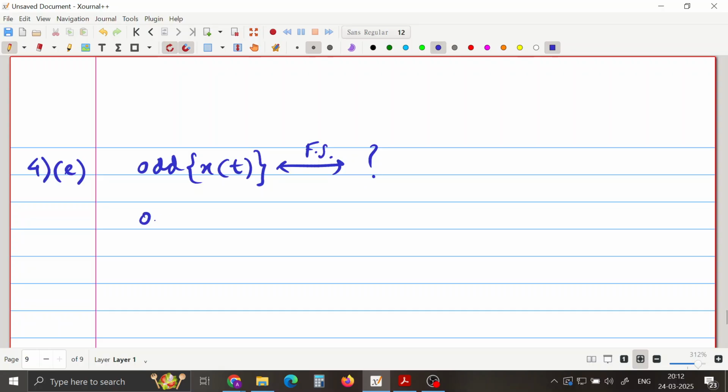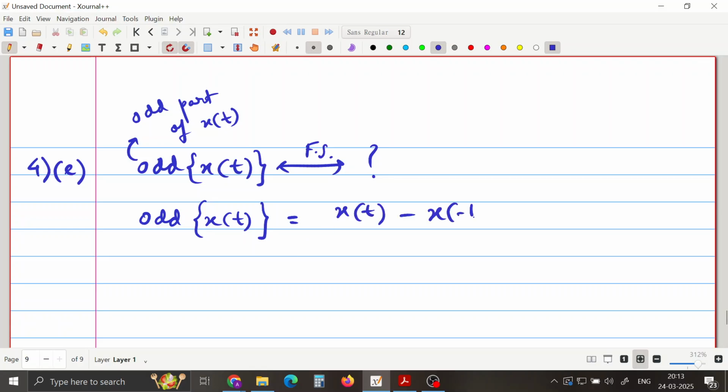And we know the expression for the odd part of a signal. So let me write it anyway: odd part of x of t is given by x of t minus x of minus t, divided by 2.